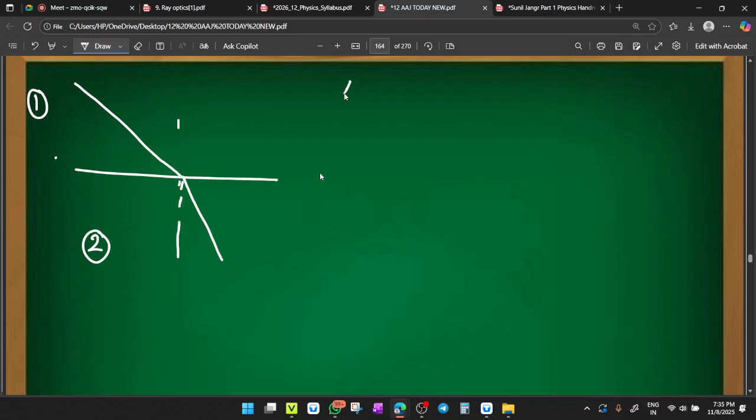So the first refractive index is mu 1 2 equals sine i upon sine r, and for the other refractive index, here also it is sine i upon sine r. Clear or not clear? This angle is the angle of incidence i, and this is the angle of refraction r.